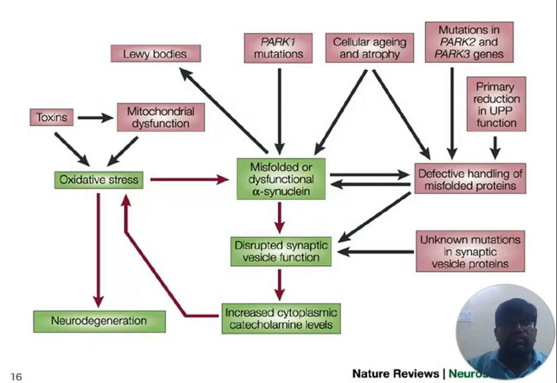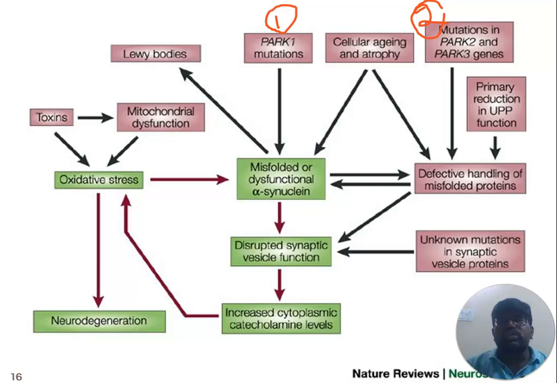The first important thing is the critical one, where with PARK1 gene mutation there is a possibility of misfolded alpha synuclein protein. And the second thing is the mutation of PARK2, the failure of misfolded protein handling.